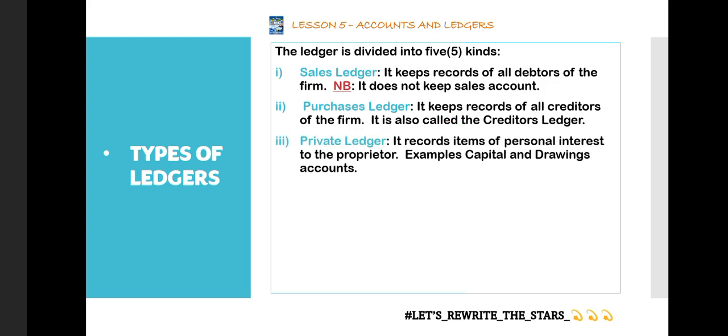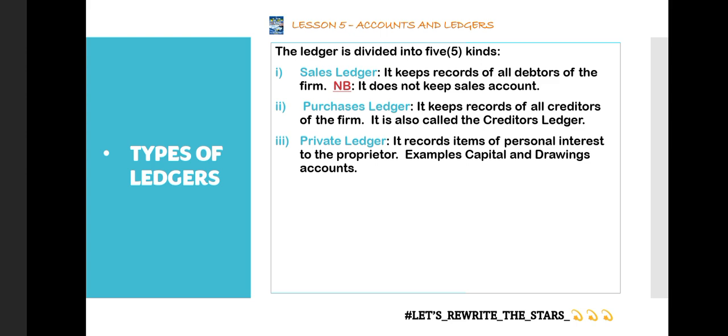And then the next one, private ledger. Just as the name sounds, private. That means this one is not for external use. It is only reserved for the owner of the business. Mind you, the owner of the business is not part of the business. So all the time we make his or her account separate from that of the business.